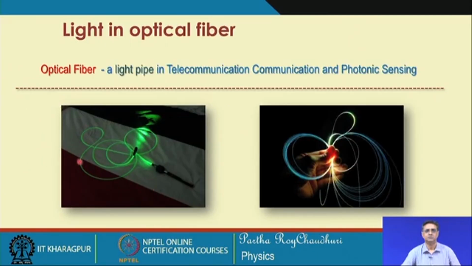Okay. So, all of us who have seen optical fibers, you see there is laser light illuminating an optical fiber, green light, you can see the fiber held in hand, and the light is illuminated. So, basically this optical fiber is a light pipe which is very widely used in photonics, in telecommunications and sensors.